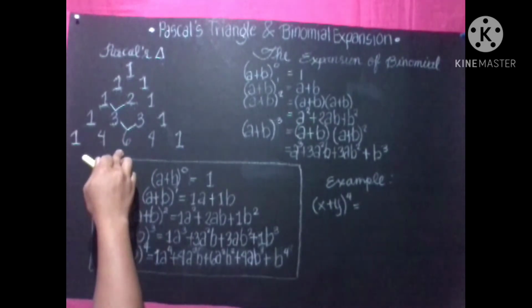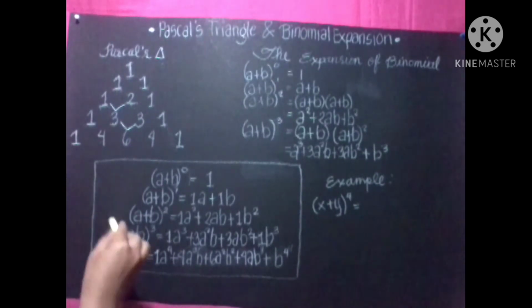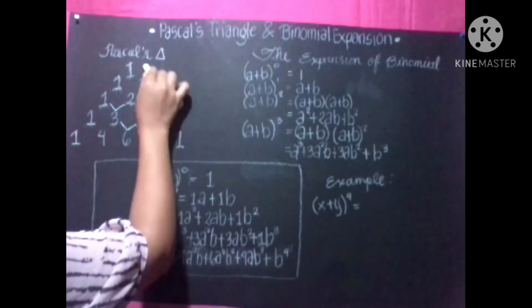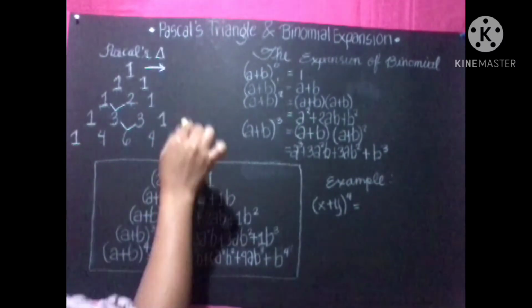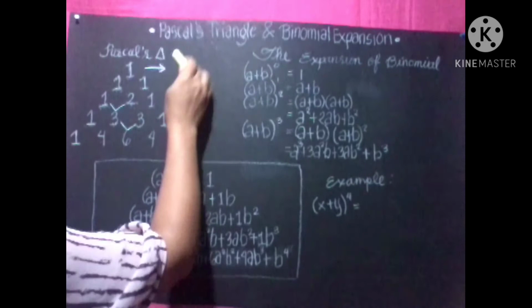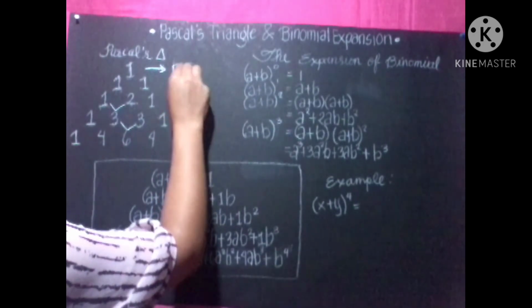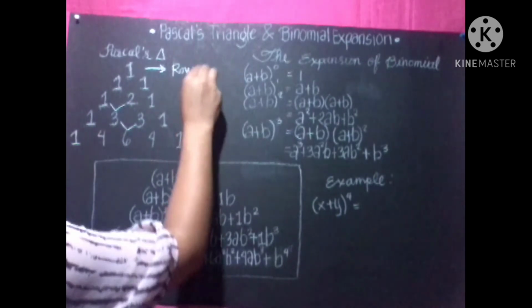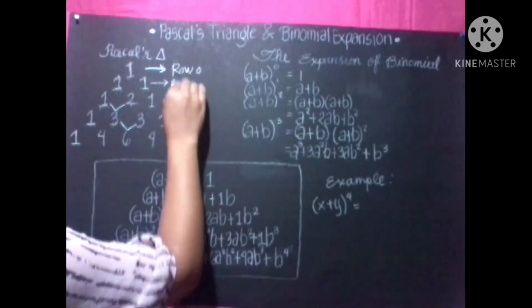Next, what we're going to do now is to label it. I'm pretty sure this is very important for us to know. So I label it as row 0. This is row 1.